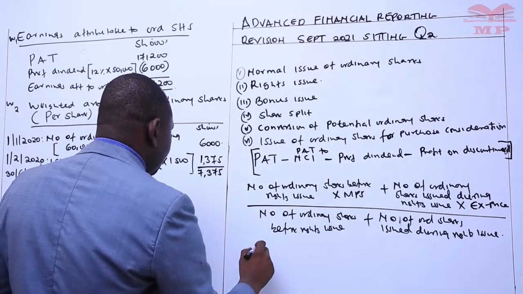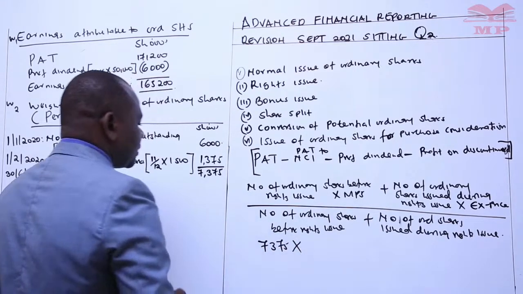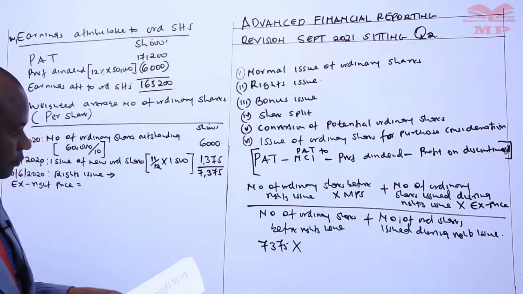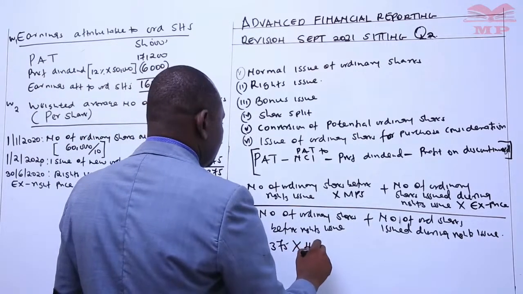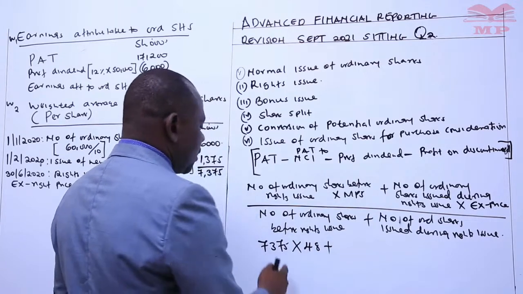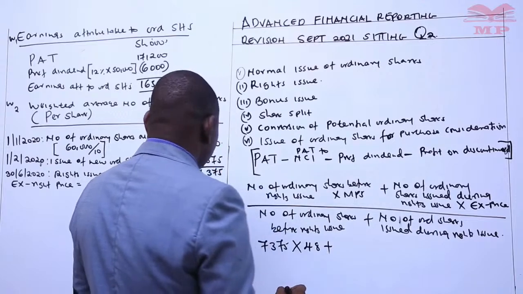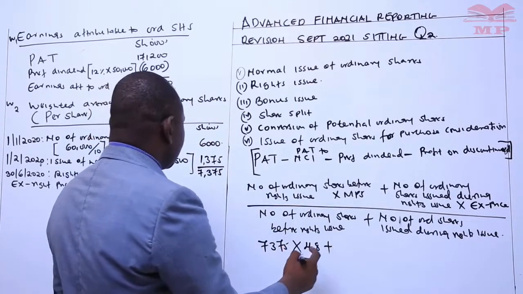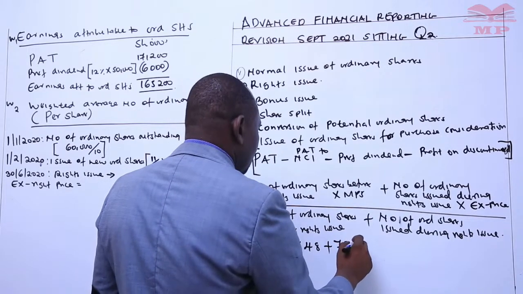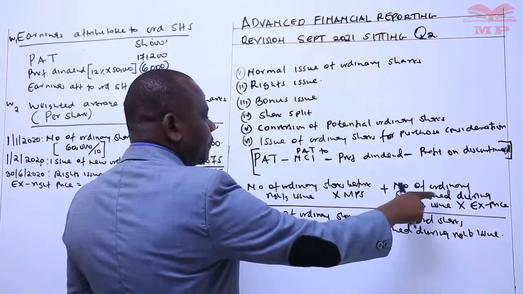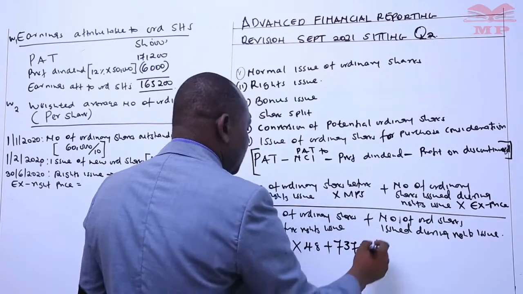So that means I could take 7,375 times the market price per share, which is 48, plus, we call this the cum-rights price as well. That is the market price per share before rights issue. And the number of shares issued during rights issue is times 1/4.